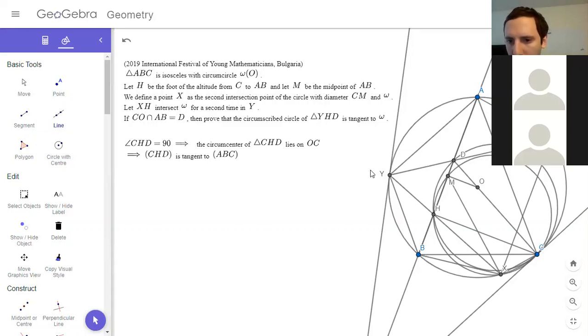TY squared equals TC squared equals TH times TD, because CHD is tangent at C. Okay, so yeah, I think I see what you're saying.